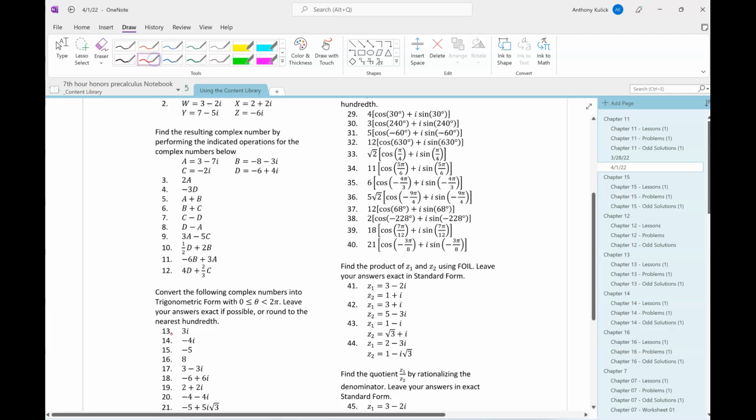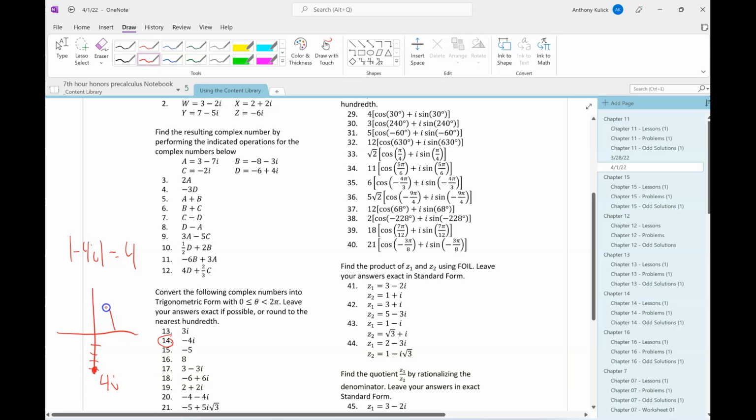So 14, I am just going to think about this geometrically. So negative 4i would be here on the complex plane, right? So the absolute value of negative 4i is just going to be 1, 2, 3, 4 units.